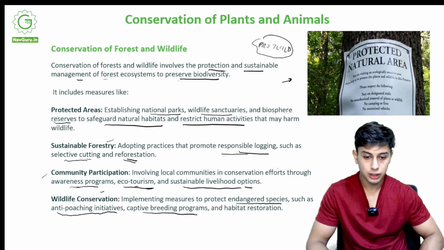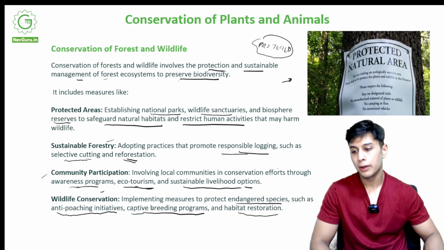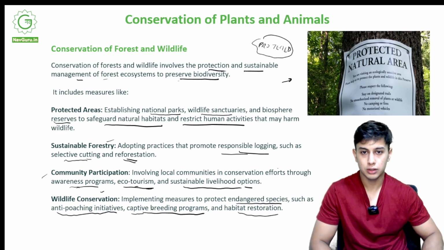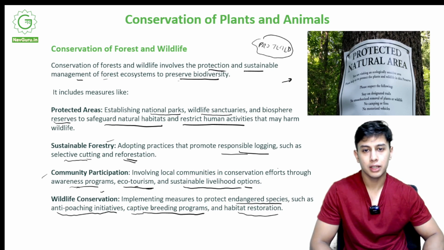Captive breeding programs and habitat restoration. I will restore their habitat, what was before. Okay, captive breeding programs. So what is captive breeding? I know that cobra snakes live in the forest, in the jungle, but I know that they are being hunted. For example, just for an example, they are being hunted. What I will do is, so that the population does not decrease further, I will captive breed them.